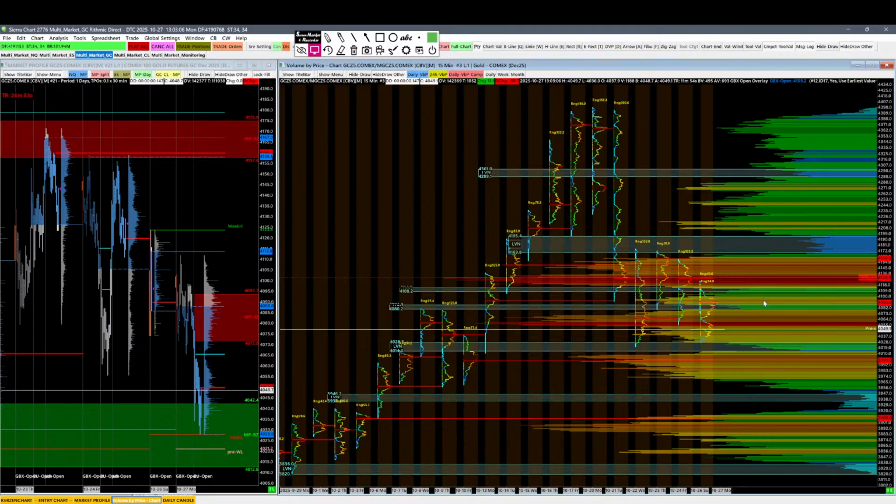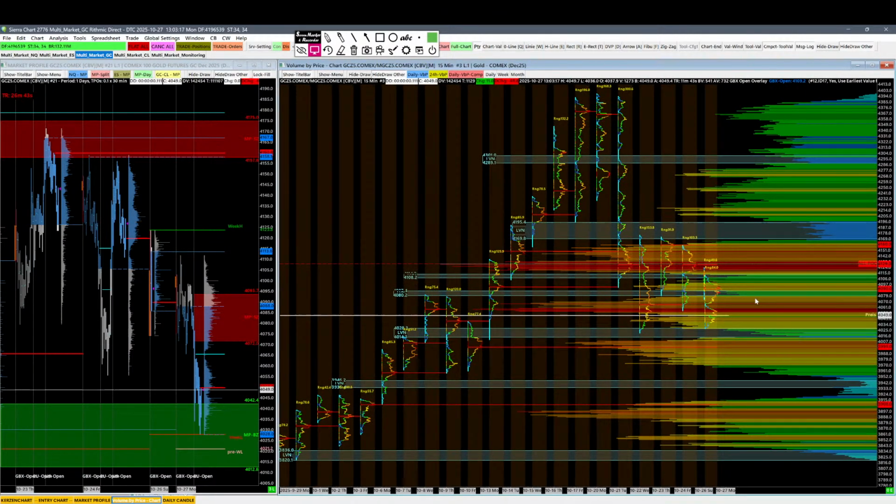And in between the whole distribution, I see also some low volume areas that could be acting as support and resistances, or we can trade above or below. So right now we are in the distribution between 40.25 and around 40.79. So I'm looking to trade in between these zones until we either trade lower or trade higher.